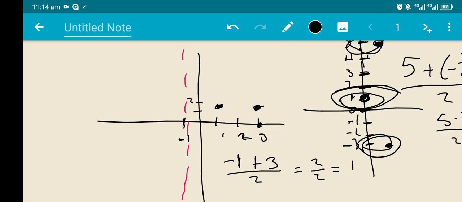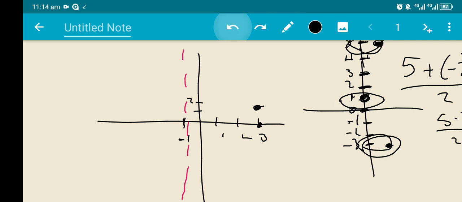Okay? So now, remember this other principle that we talked about. Let me just delete that to ensure that the screen looks a bit smooth and neat. So it is located at 1 here. That's where the vertex is. This is the focus.